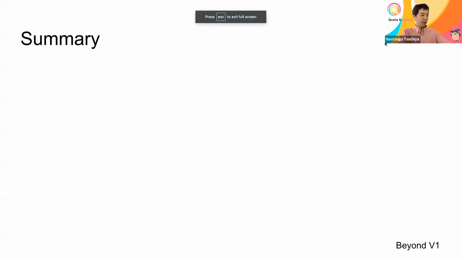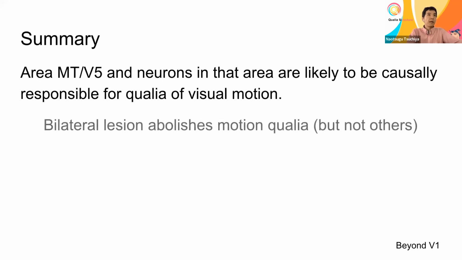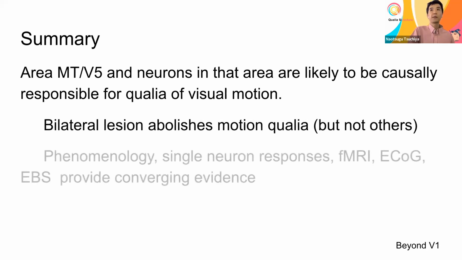So to summarize this part, area MT or V5 and the neurons in that area are likely to be causally responsible for qualia of visual motion. And the bilateral lesion of it abolishes motion qualia, that's called akinetopsia.